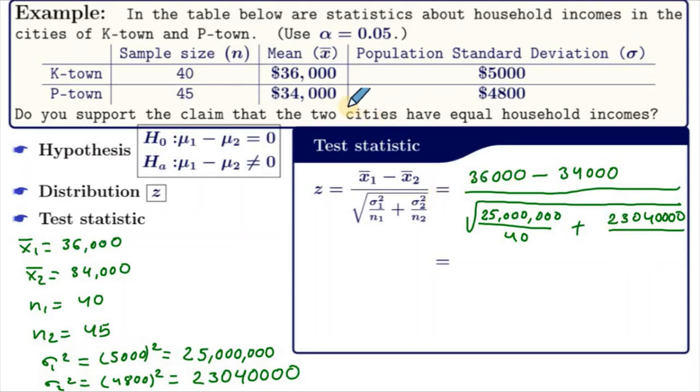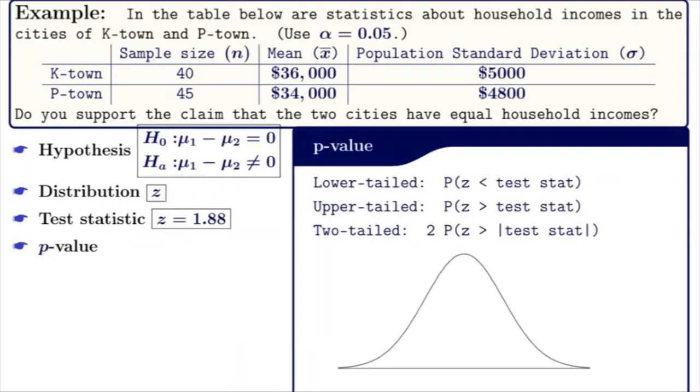Over our n2 is 45. So now when you do this math, this thing comes out to be 1.88. So this is our test statistic. So let me write that down over here. It is 1.88.